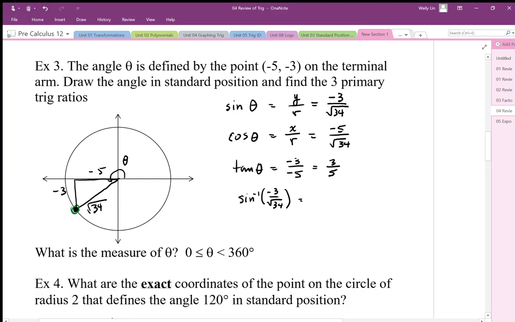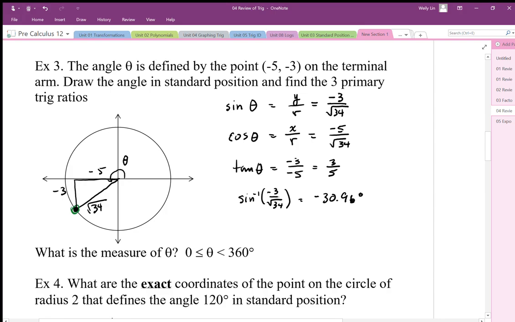Typing that into my calculator, I'm going to end up with -30.96 degrees. Okay, so my calculator is pretty smart.